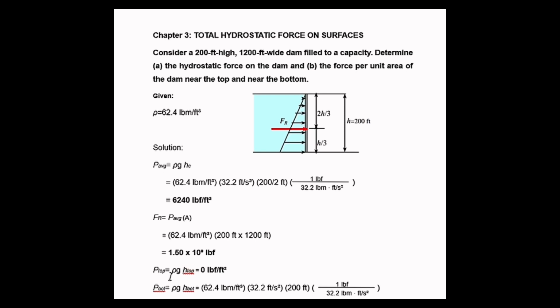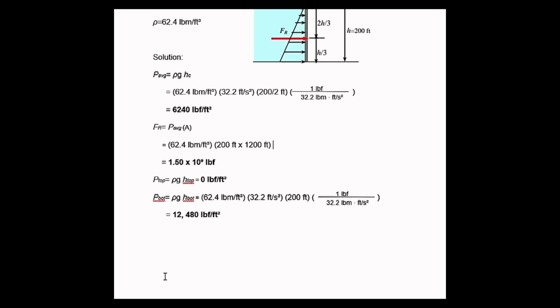And since we need to determine the force per unit area of the dam near the top and near the bottom, the pressure at the top would be 0, and the pressure at the bottom is given by the density multiplied by gravity and the height at the bottom. Density 62.4 pound mass per cubic feet multiplied by our acceleration due to gravity, which is 32.2 feet per second square, multiplied by our height at the bottom, which is 200 feet.